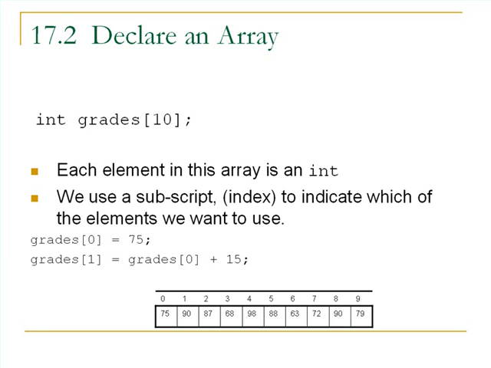We're going to take the value that was in grade sub 0, which is 75, add 15 to it, and 90 will go into the variable grade sub 1. So we have subscripts, which are integer values that allow us to indicate which of the particular elements in the array we want to be talking about.